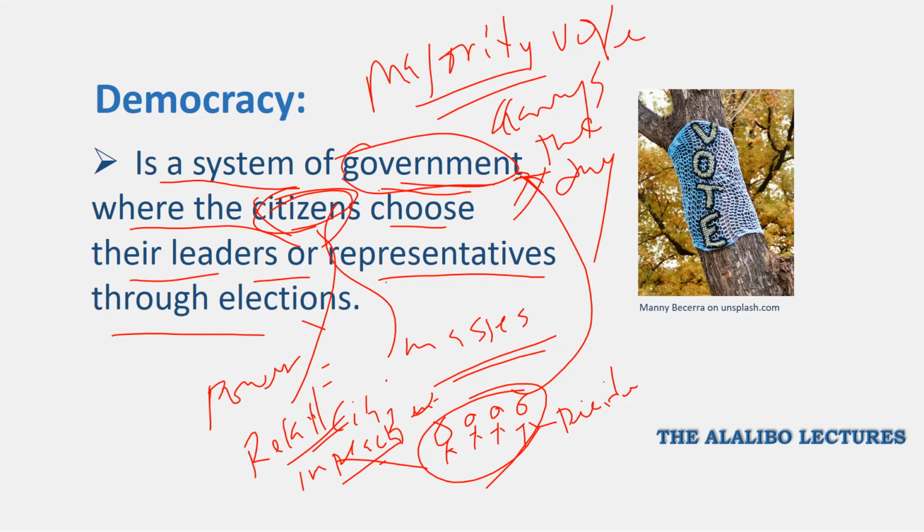Now, it doesn't always mean that what the majority wants is good. We have many examples throughout history that illustrate this point. But nevertheless, within the frame of democracy, the majority wish is usually what carries the day.